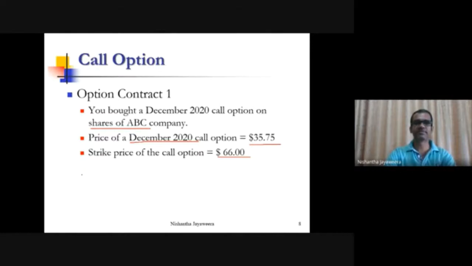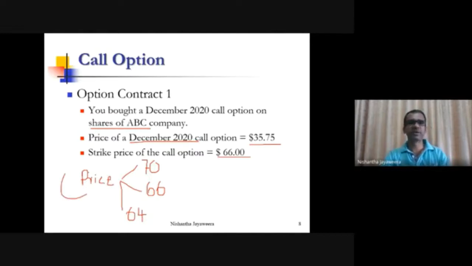Assume on the expiry date, price of this share is, first one is 66, 70, 64.